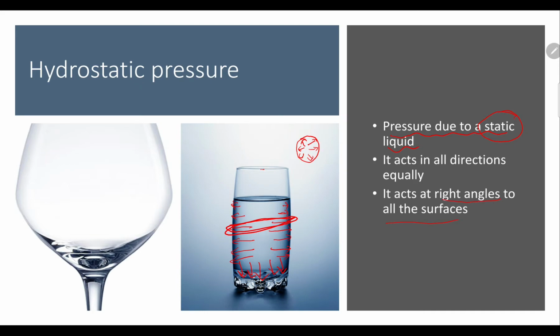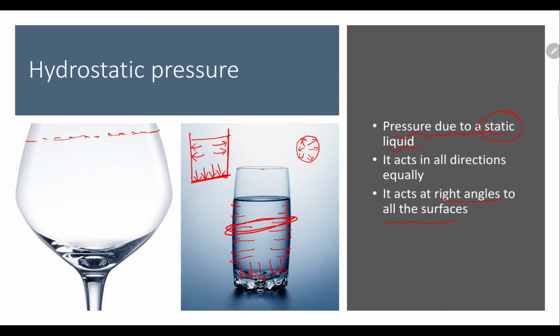My dear people, this is quite interesting. Look at this. When we have this glass of water here, the right angle to this particular surface is over here, so it acts over here. And what about the right angle to this one? It's over here. So it acts at right angles to all the surfaces. But what about a wine glass then?